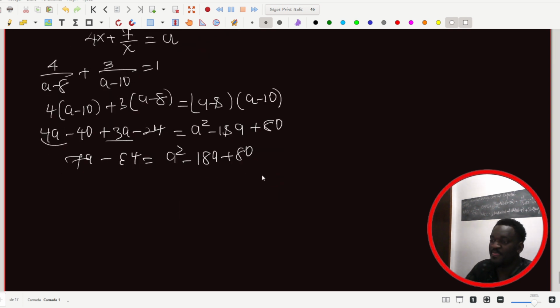So guys, now we can organize these terms because we have a quadratic equation here. We're going to send all terms to the right side of the equation.